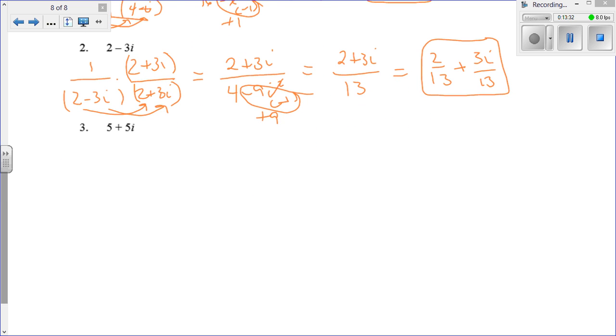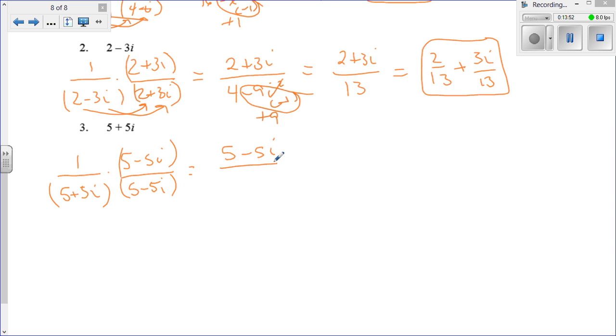Last one here. 1 over 5 plus 5i, because that's my reciprocal. And then multiply by the conjugate, which is 5 minus 5i. The numerator is not going to change. It is 5 minus 5i over 5 times 5 is 25. 5i times a negative 5i is negative 25i squared. i squared is negative 1.